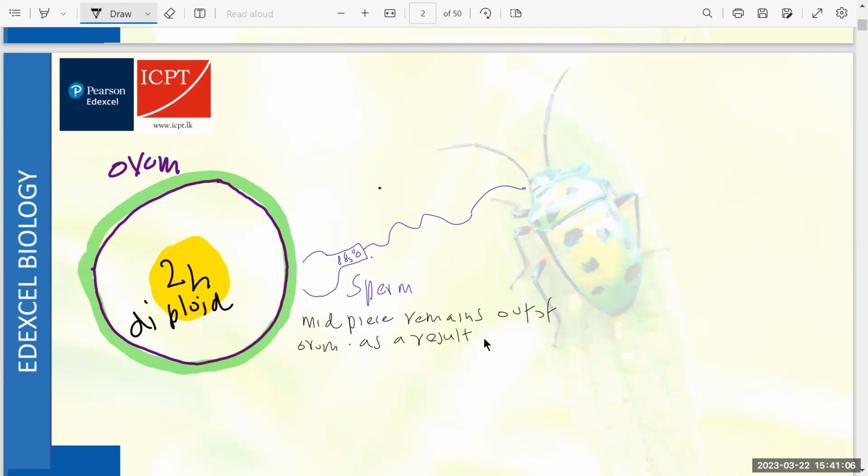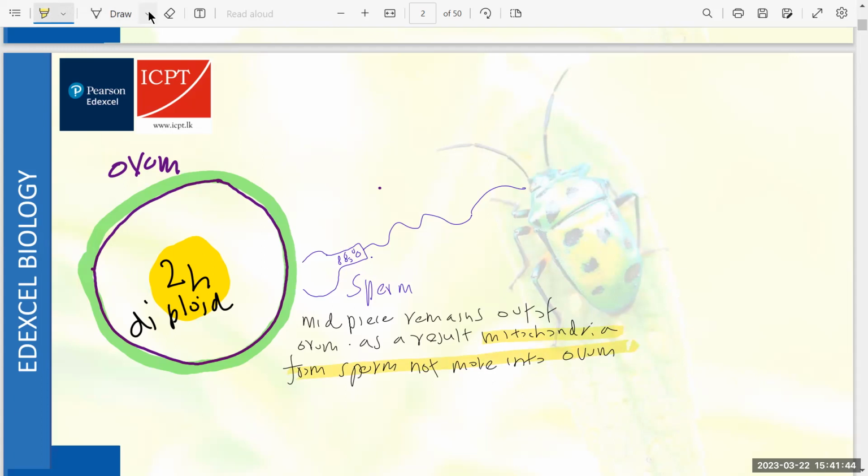As a result, mitochondria from the sperm do not move into the ovum. So mitochondria from sperm doesn't move into the ovum. So it remains inside here, right?